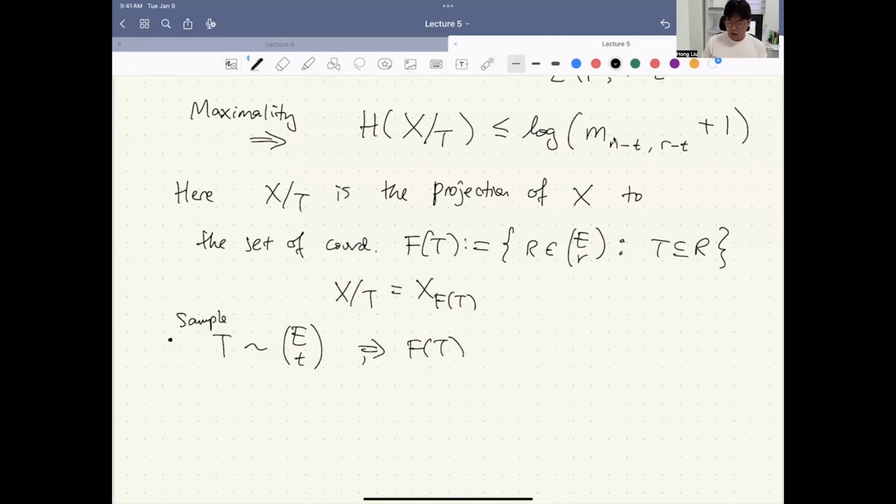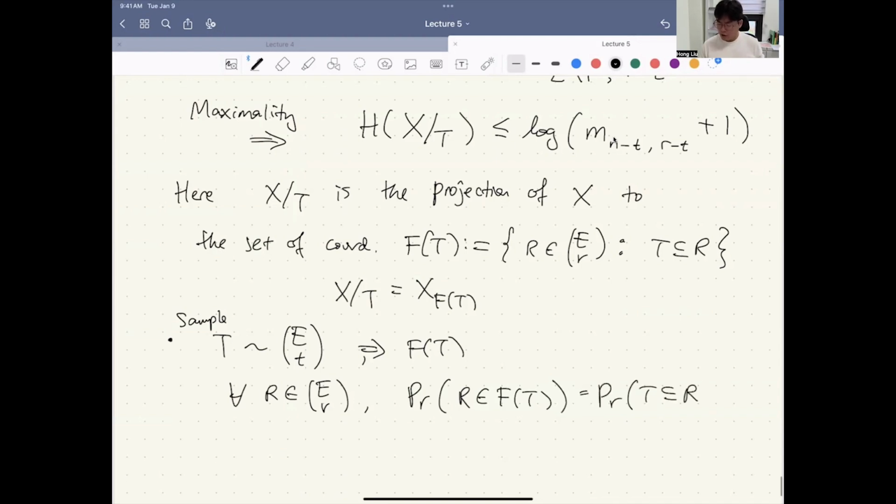Now we need to estimate for each coordinate, which is an R-set in here, what's the probability that it appears in here. So for every R in E choose R, the probability that R appears as a superset of T, what does it mean? This means the probability that T is a subset of R, right?